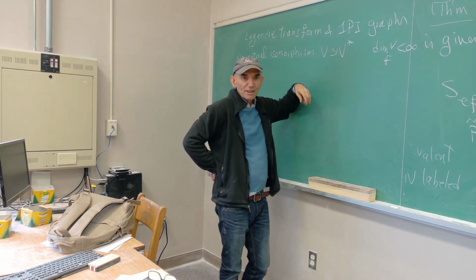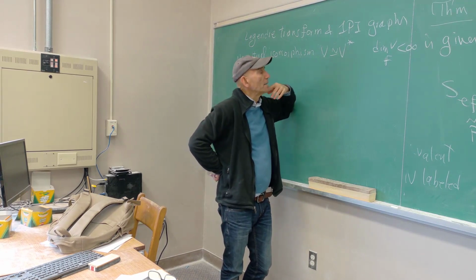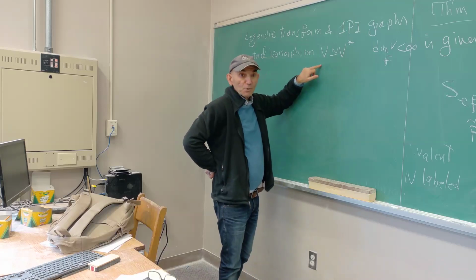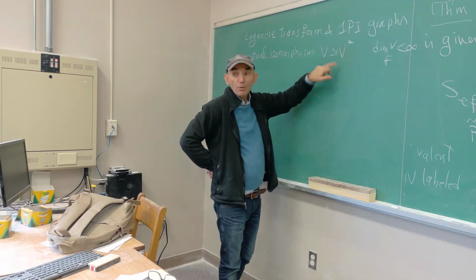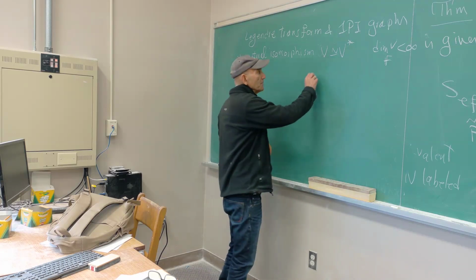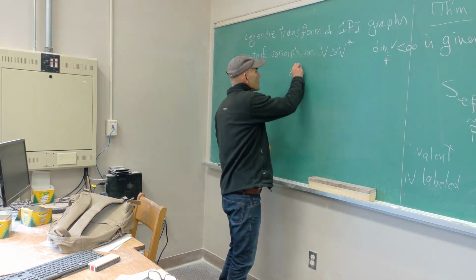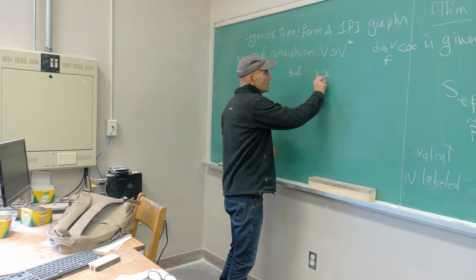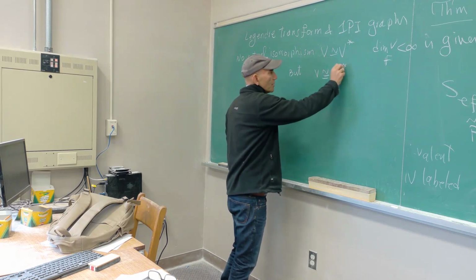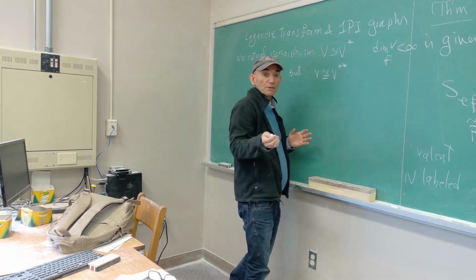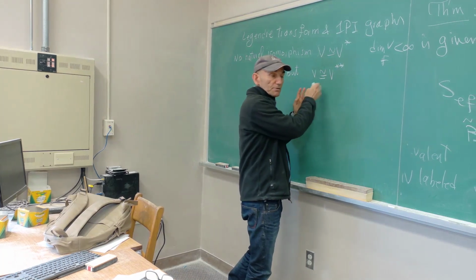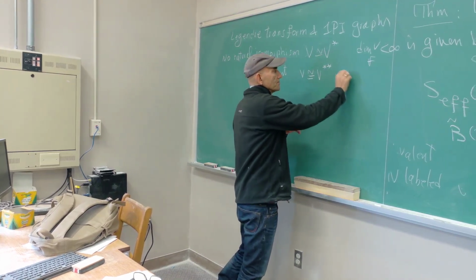But there is an isomorphism between V and its double dual, as you know. So V is isomorphic to V double star naturally, without choosing any basis. There's a God-given isomorphism between this and that.